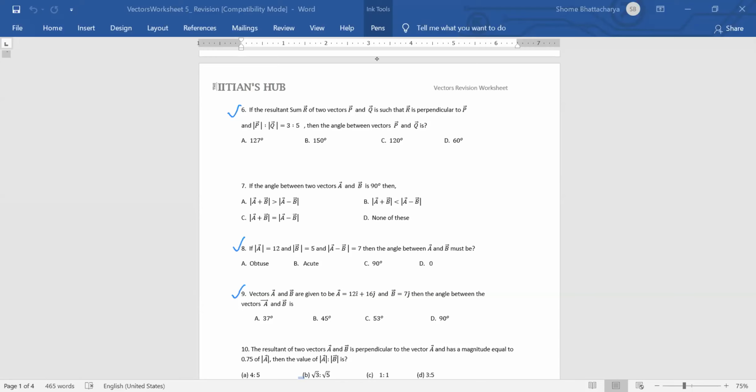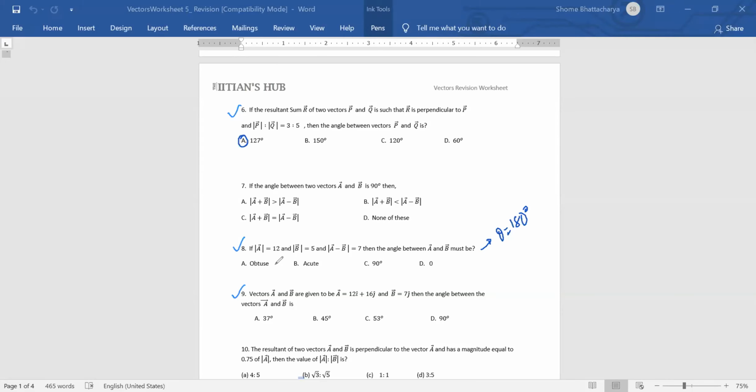Okay, people, I'm giving you the answers now. So this first one, the answer will be A. Then in this you can see that in fact the angle will be 180 degrees.